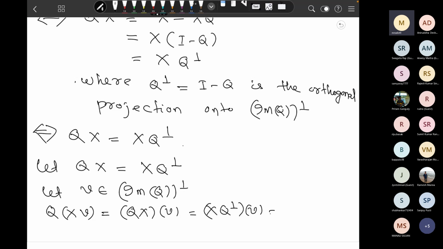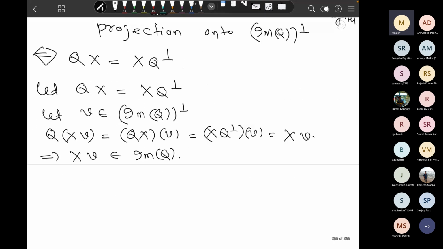Since v belongs to image of Q perp, Xv belongs to image of Q. So this implies X of image of Q perp is contained inside image of Q.